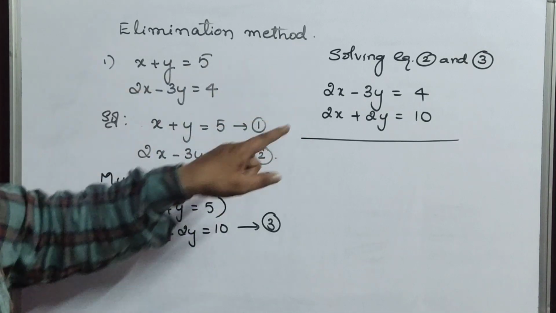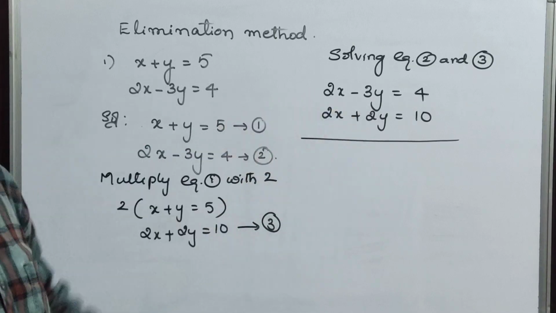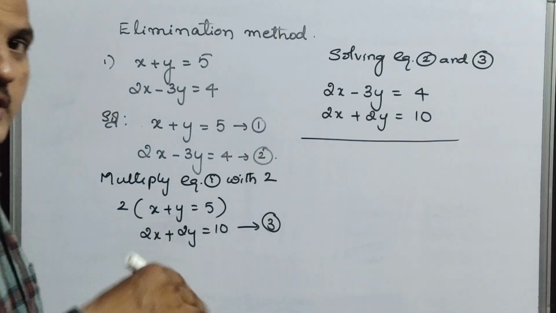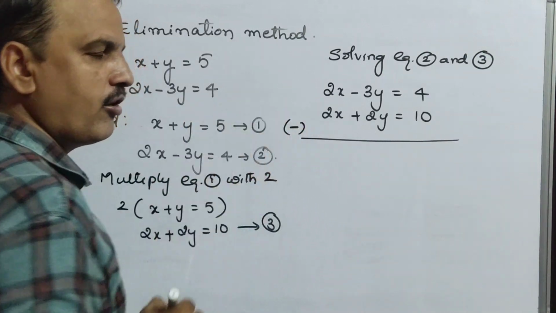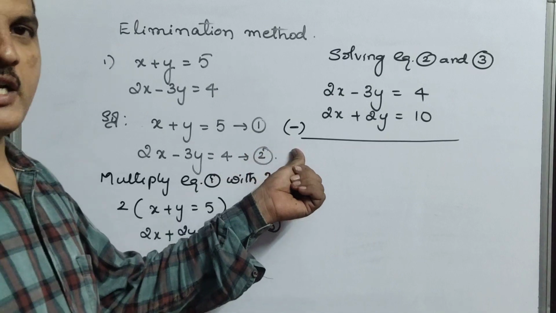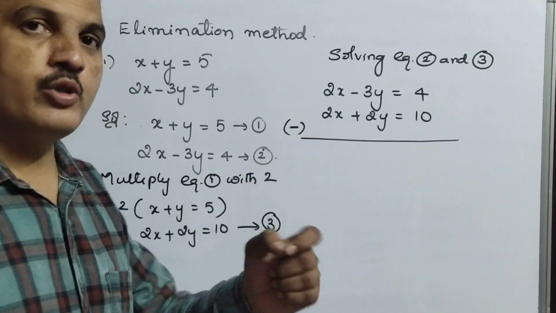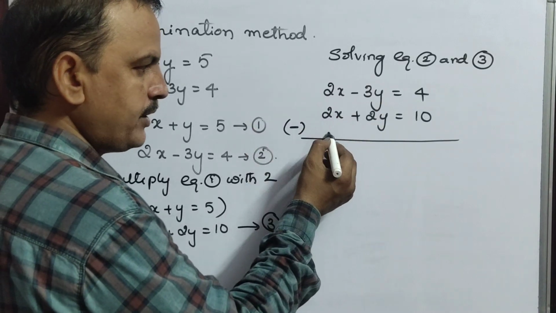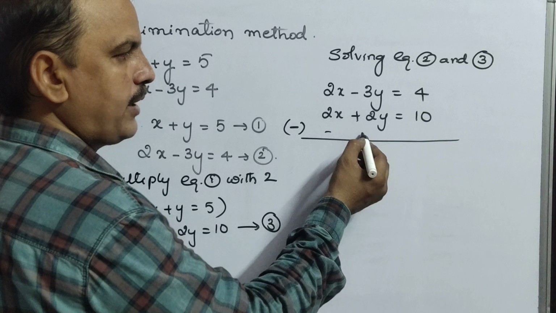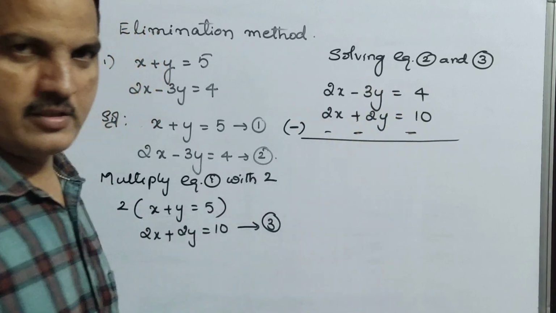One should be negative. That means always when you are doing like this, the down one should have the subtraction symbol. That means we have to do subtraction now. Why do we have to do subtraction? Because here plus is there. When you are doing subtraction, the symbols will change. Here plus becomes minus, here plus becomes minus.